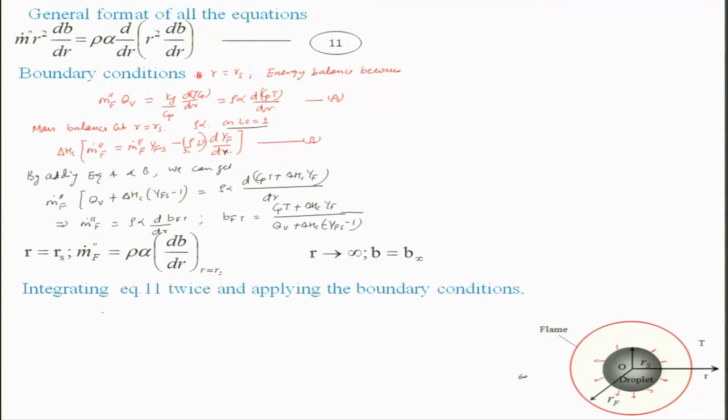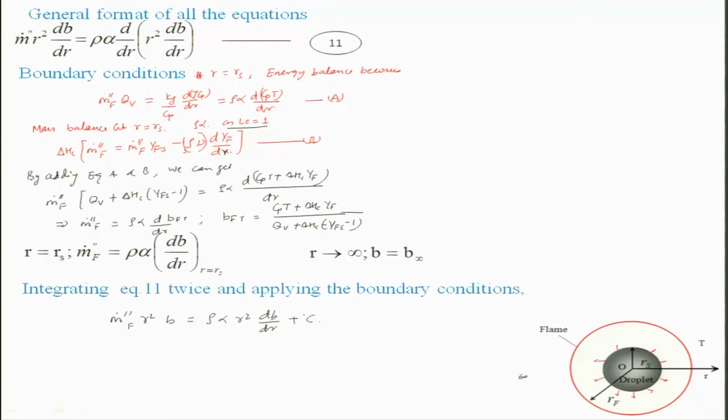If I integrate the equation once, I will get m dot f r square b is equal to rho alpha r square dB by dr plus c, right.